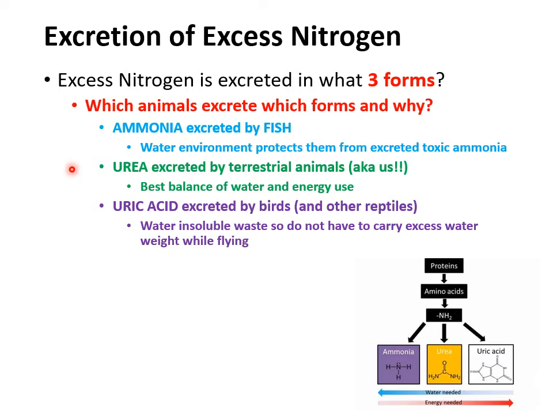By having a water insoluble compound, these birds are not going to build up excess water while they're forming this excretion product. That allows them to avoid the excess water weight while flying that might weigh them down or hinder their ability to properly fly.